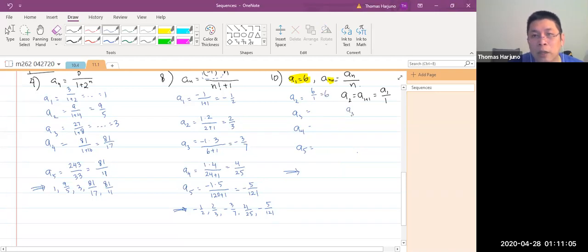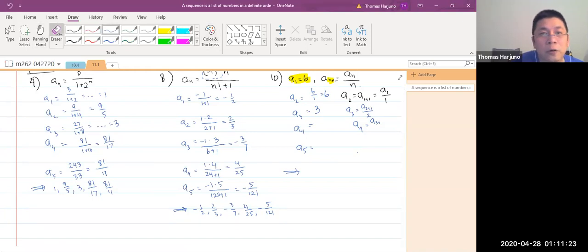A3 will be A2 plus 1 over 2. Right? The previous term divided by 2, that's 3. A4 is the previous term.